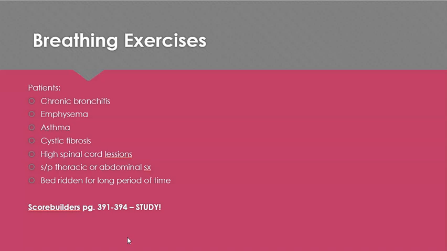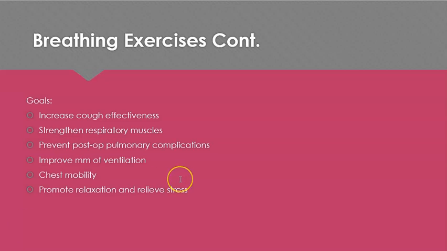So on page 394, make sure you know the difference between reverse Trendelenburg position and semi-Fowler's position as well. So these are usually the typical type of patients you're going to be doing breathing exercises with. These are going to be the goals for breathing exercises, so you can read over each one of those.